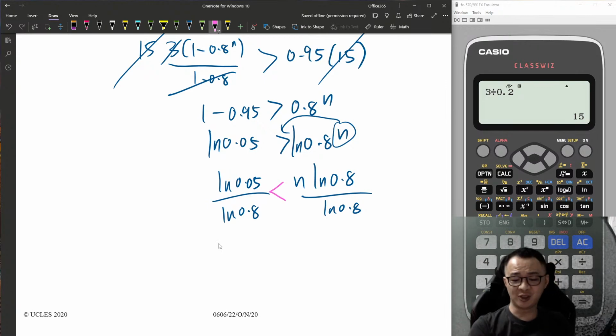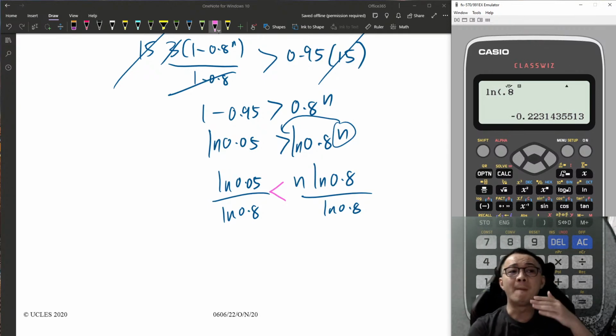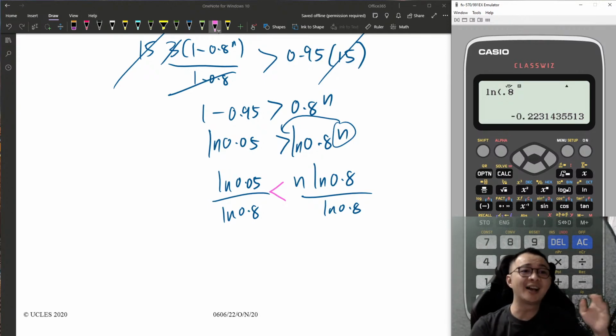Why? Because ln 0.8 is a decimal, it's a negative value. Whenever we divide or multiply by any negative value, the inequality sign needs to change direction. Remember this. Multiply or divide by a negative value, inequality sign needs to change direction.